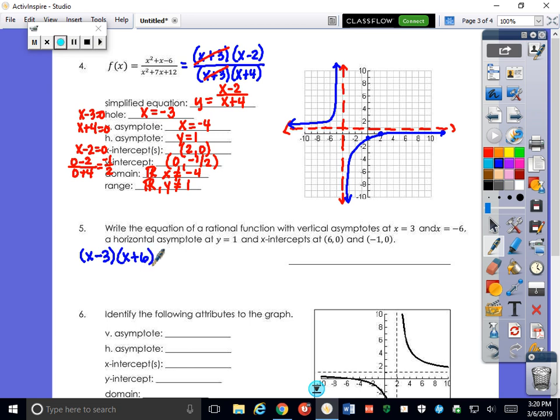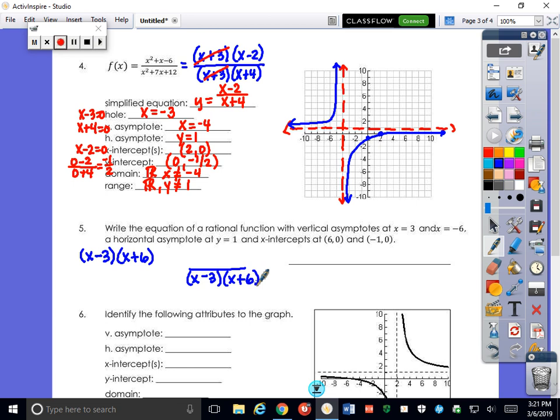Now, vertical asymptotes are when the denominator is equal to 0. So that means that this had to be our denominator: x minus 3 times x plus 6. Okay? Now, the horizontal asymptote being a 1 means that the two degrees had to be the same, and my leading coefficients had to be the same number.